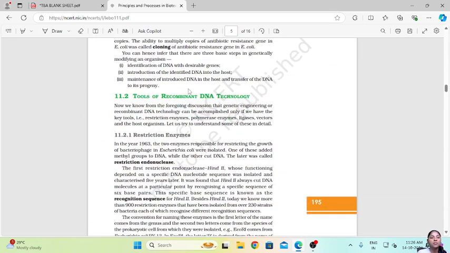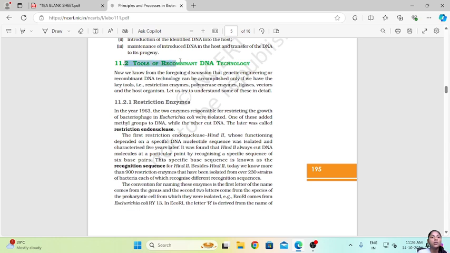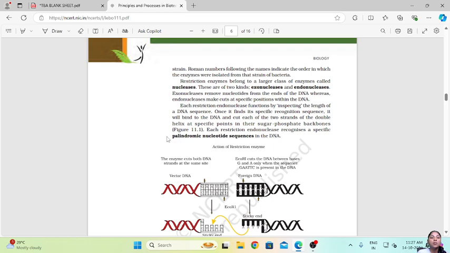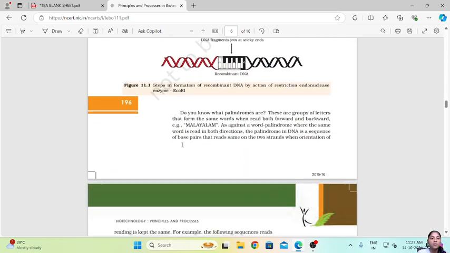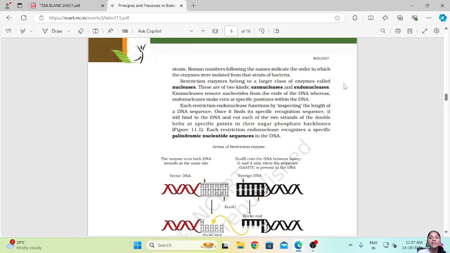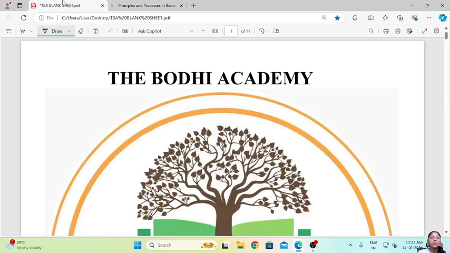In today's video, we are going to learn about the tools of recombinant technology. So in this we are going to learn about the restriction enzymes, the recognition sequence, then the palindromes, what are palindromes, and also about the exonuclease and endonucleases. So let us begin.